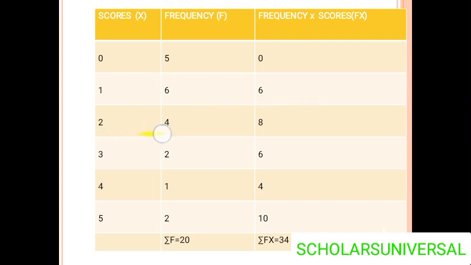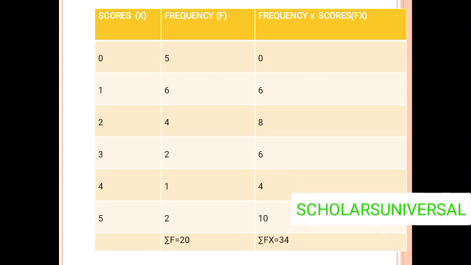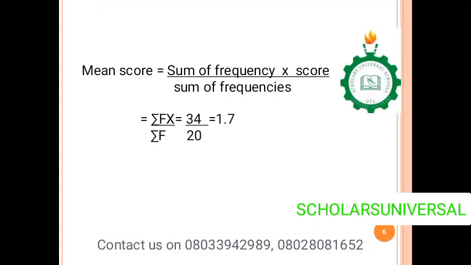Adding 2 in 4 places is 2 times 4, 8. Adding 3 in 2 places is 3 times 2, 6. And 4 times 1 is 4, 5 times 2 is 10. So this gives us the sum of the frequency times the score, which is 34. And the total number of students that participated, the sum of the frequency, is 20.